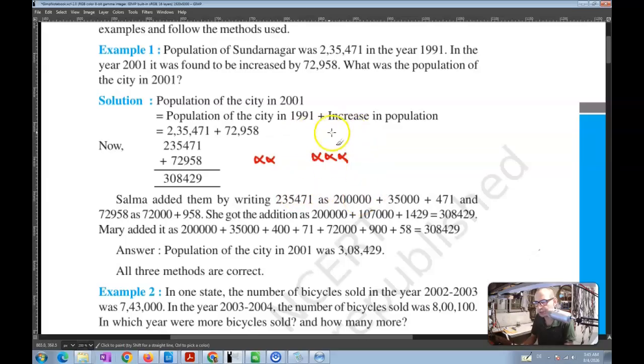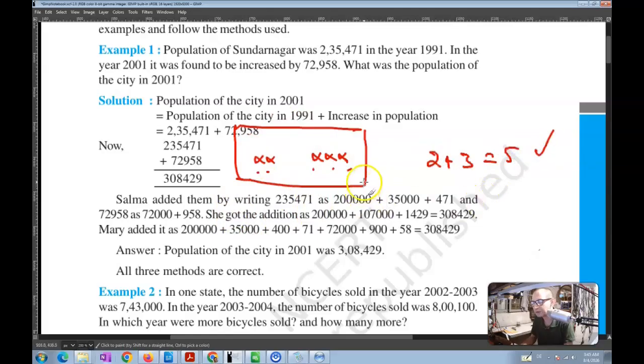To know the total number of pebbles, you put all of them together and count 1, 2, 3, 4, and 5. So this is the same thing as 2 plus 3, which is equal to 5.